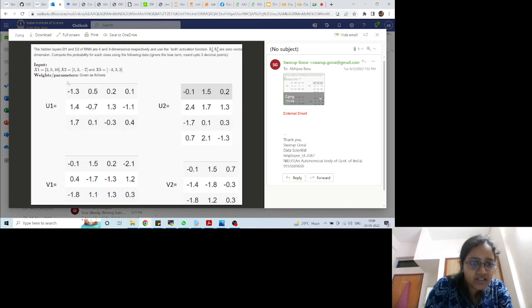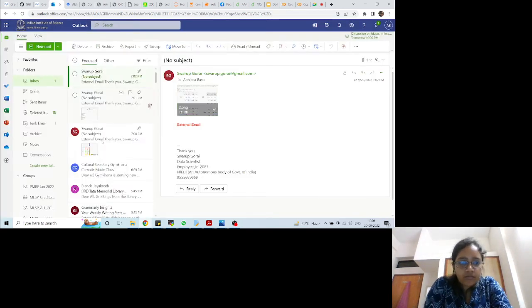Since you can see that U1 and X1 are not matching, they will match when you do a transpose. Very often, when you are doing backprop also, you'll see that your dimensions are not matching, but when you do a transpose, it matches. So in those cases, you have to do a transpose. Ma'am, please go to the figure. First figure, the diagram.